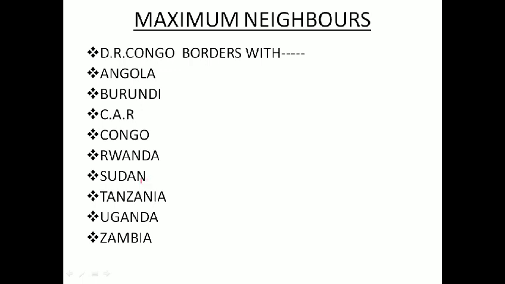Okay, so here in place of Sudan we need to say South Sudan. Next we have Tanzania, we have Uganda. Okay, then we have Zambia. Okay, so these are all the countries which share the boundary with Democratic Republic of Congo.